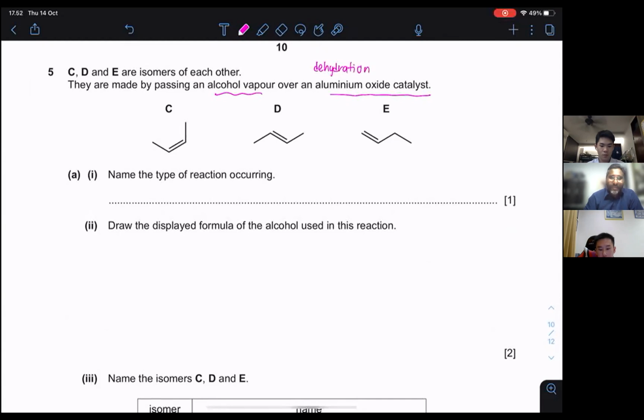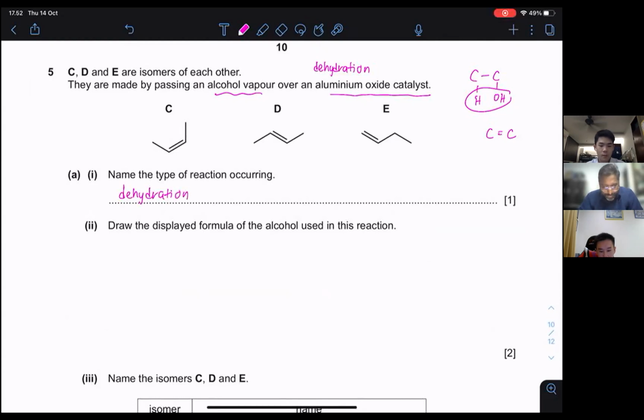You pass alcohol with aluminium oxide and they will dehydrate, meaning the H and OH go out and give you the carbon double bond. So name the type of reaction occurring. No need to think anything, this is going to be dehydration.